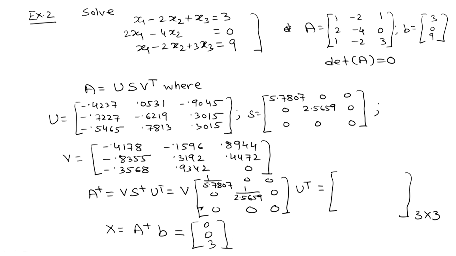So, this is the minimum norm solution, that is the least square approximation of this system using this approach. If we go with another approach, then the solution x star is given by the sum over i equals to 1 to 2, because we are having only 2 non-zero singular values, U i transpose B upon sigma i into V i.